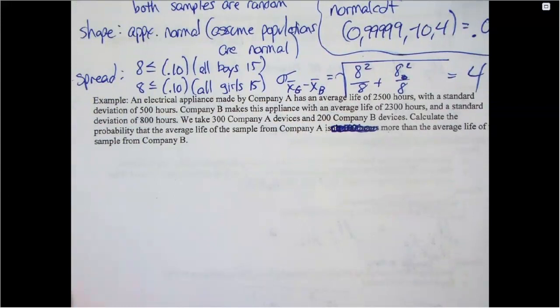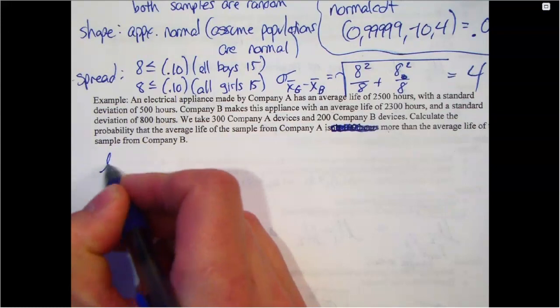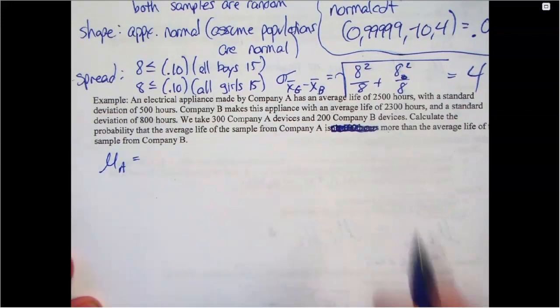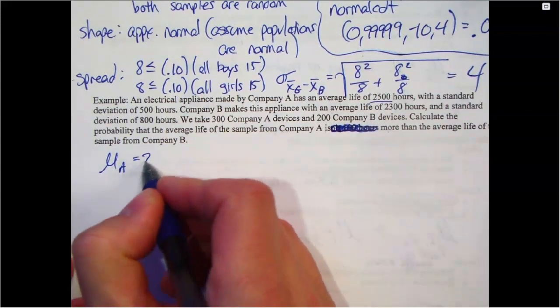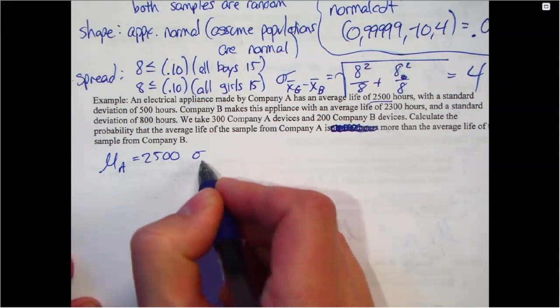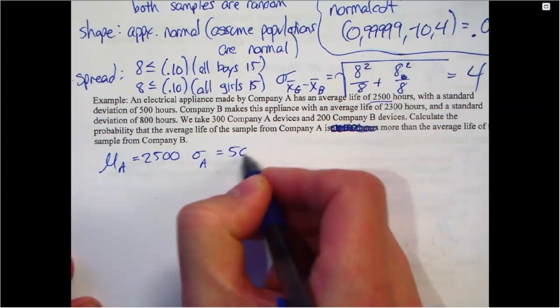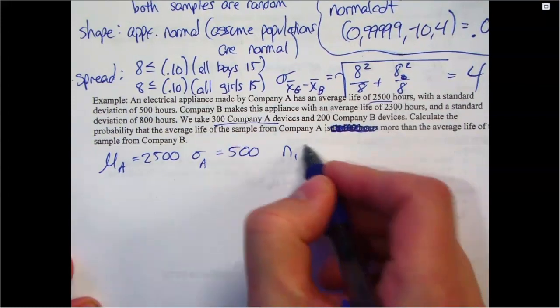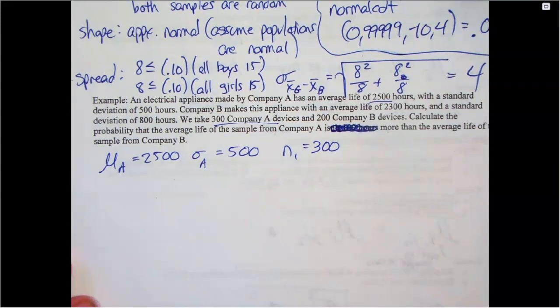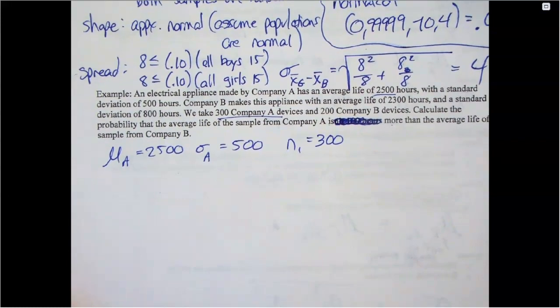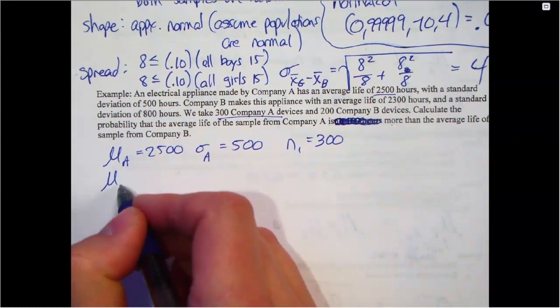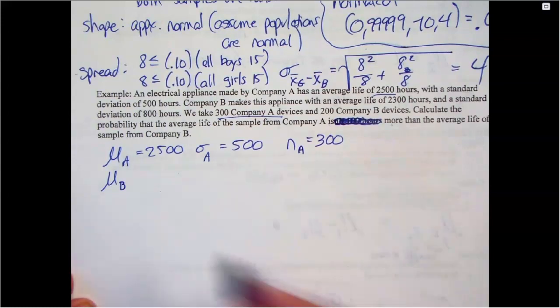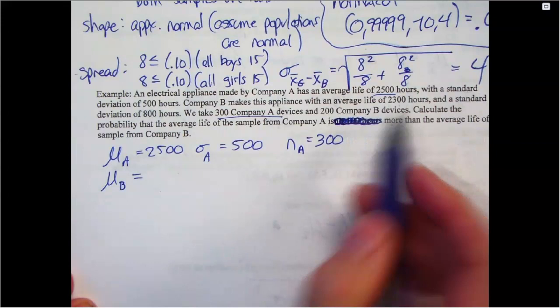Okay, so I want to know the mean of population A. That's 2,500. The standard deviation of population A is 500. And then n1 is 300, so we take a sample of 300 from A. The mean of population B is 2,300.